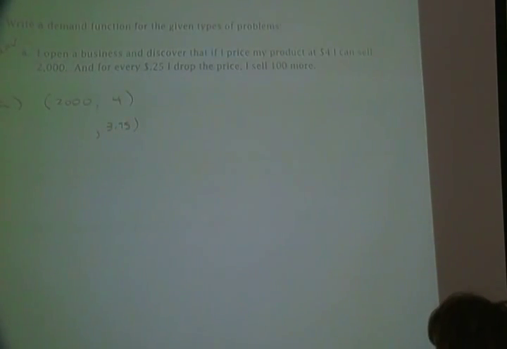And for every 25 cents I drop the price, so if I drop the price to $3.75, I sell 100 more units. So this would be 2,100. You need to come up with those 2 points, and the words for every tell you this is linear. And those 2 points help you come up with the demand function.